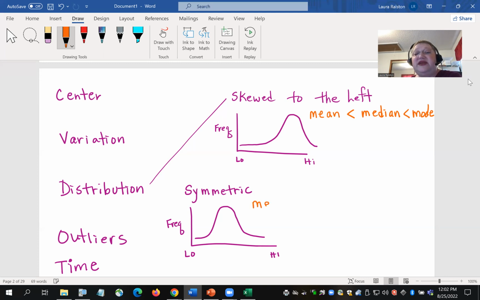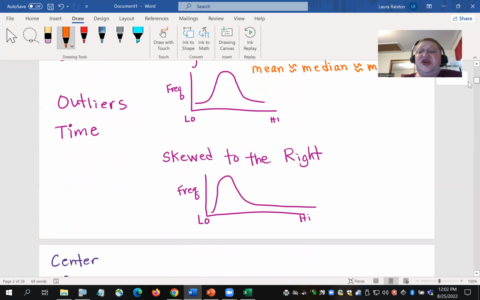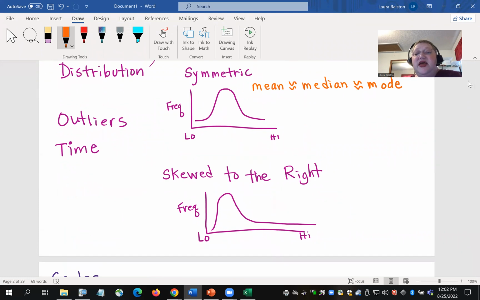If it is symmetric, the mean, the median, and the mode are all virtually the same value. If it is skewed to the right, the mode will be the smallest, then the median, then the mean. Okay, mode is less than the median, is less than the mean.